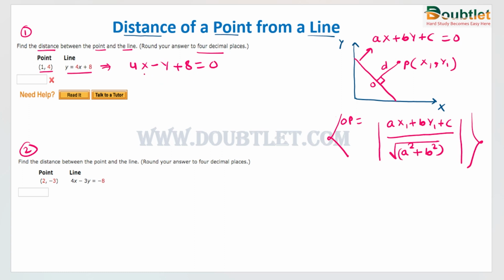Now we can compare the values of a, b and c. So from here we can write a is equal to 4 and b is equal to minus 1, c is equal to 8. Similarly, for the point P, we can replace x1 y1 as 1 comma 4. So from here x1 is equal to 1 and y1 is equal to 4.